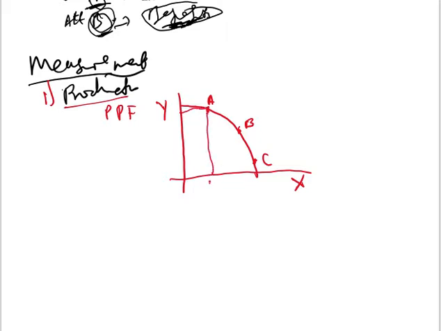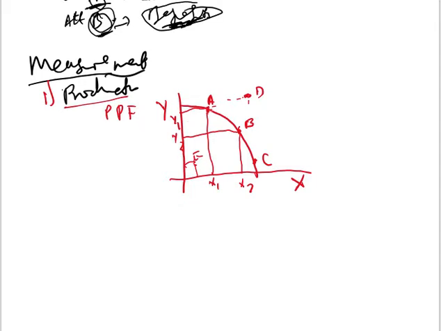If you produce, let's say, x1 and y1, you use all the resources, but the same resources will be able to produce this combination, and so on with C. Point D cannot be attained because it requires more of Y and X, and resources may not be enough to produce point D. And point E is inefficient because you produce less of Y and X and resources are idle. So the most efficient points are on the PPF. Anyway, that's a story for another day. But we want to focus on how we measure opportunity cost now.